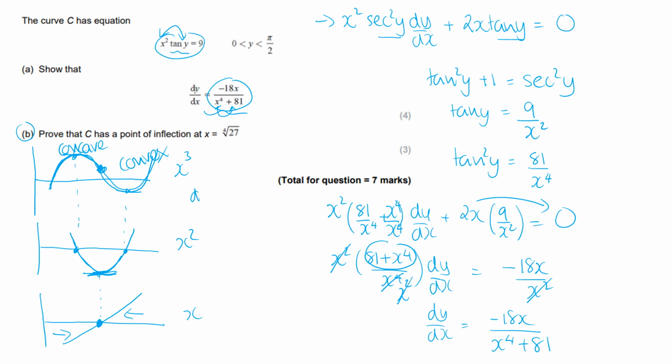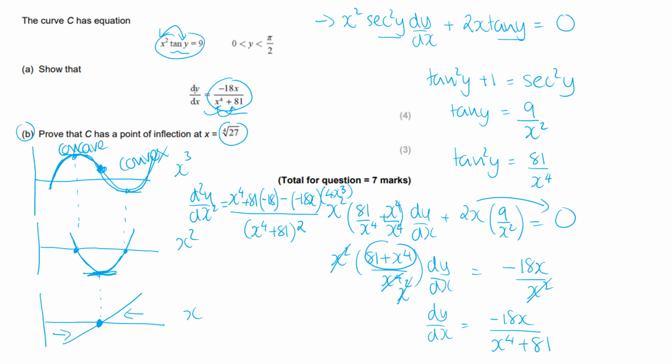So d2y over dx squared is going to be bottom, which is x to the 4 plus 81, differential of top, which is minus 18, minus top, which is minus 18x, differential of bottom, which is just 4x cubed, all over the bottom squared, which is x to the 4 plus 81 all squared.